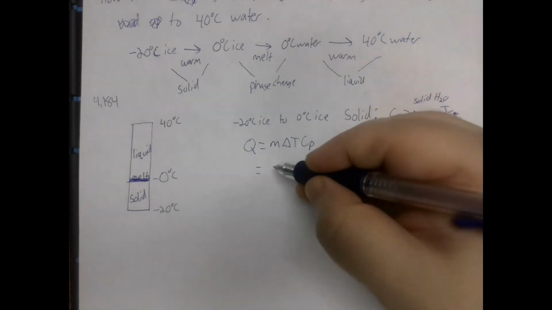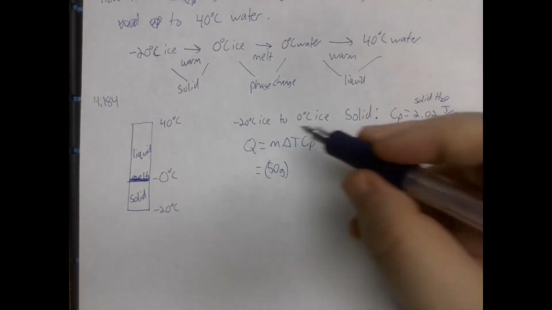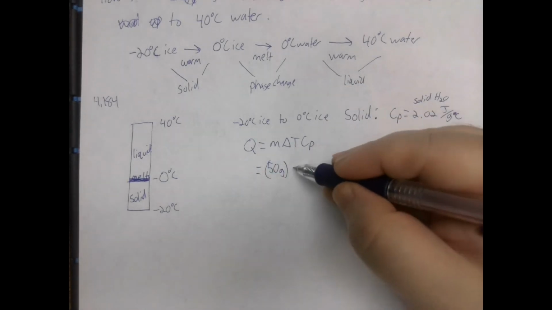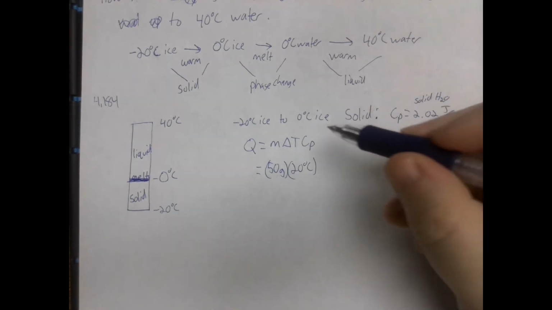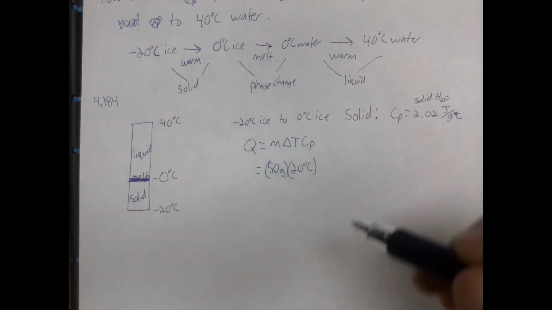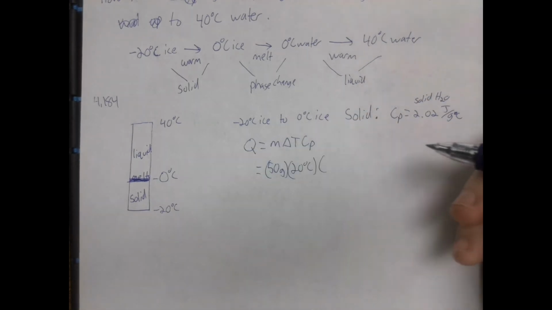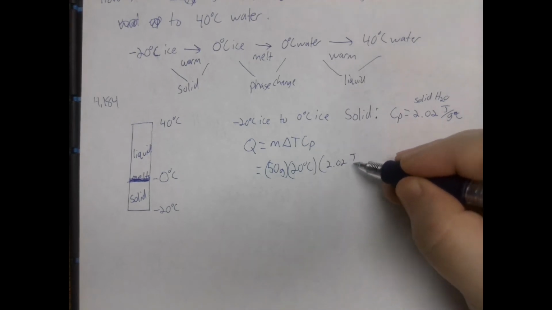So our mass is 50 grams. Our change in temperature, we're increasing by positive 20 degrees. So negative 20 plus 20 is 0, or 0 minus negative 20. And the Cp we'll use in this problem is 2.02.